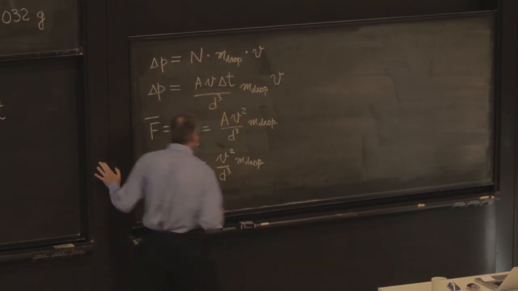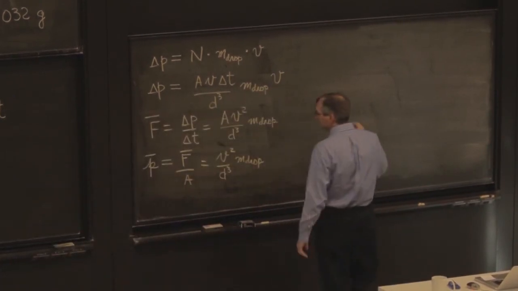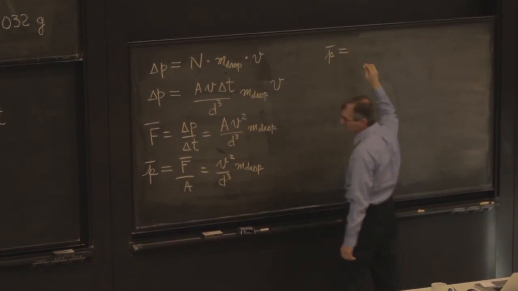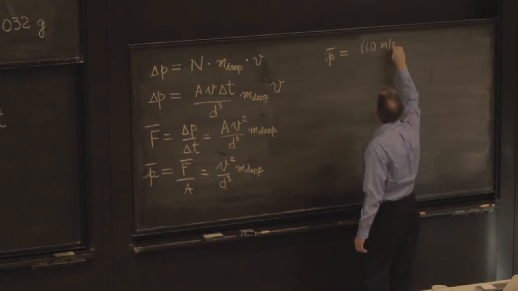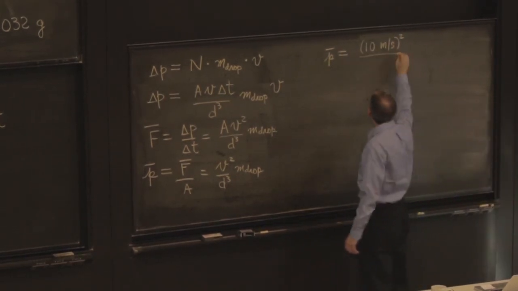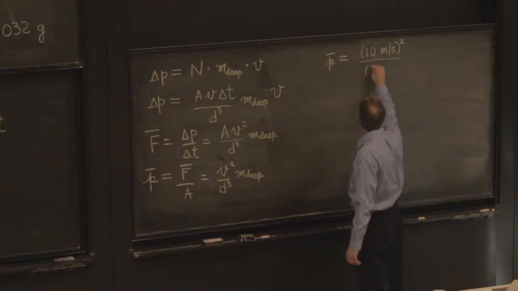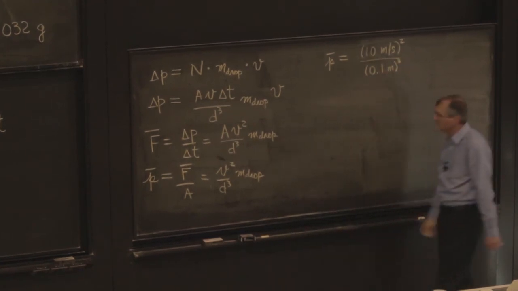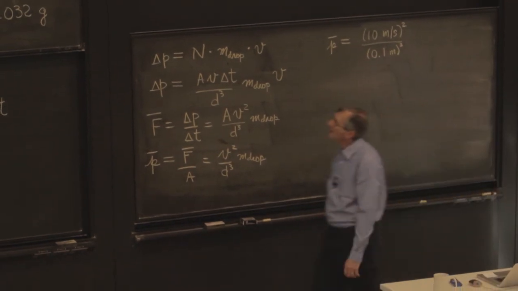So let's see what we get. We had v was about 10 meters per second, divided by, let's see, 10 centimeters is 0.1 meters, 0.1 meters to be cubed, and then the mass of a drop.